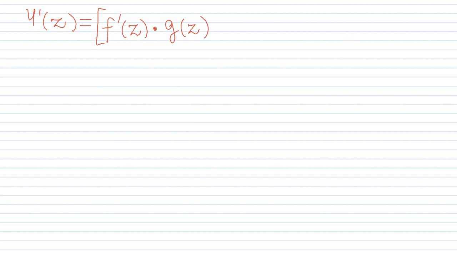So basically one derived, one underived multiplied together, plus g prime of z multiplied by f of z.